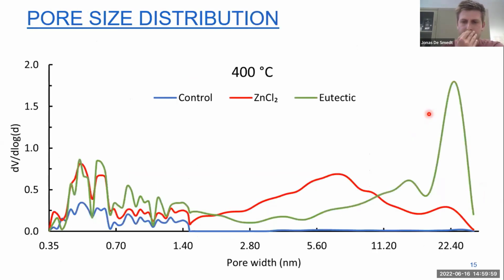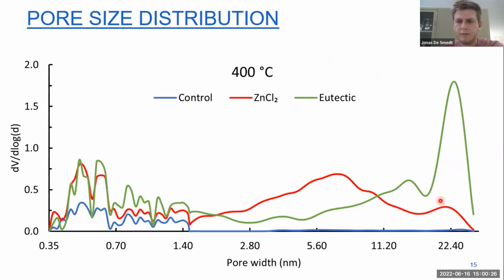And the most interesting slide, in my opinion, from this presentation is this pore size distribution, where we have our three pore distributions of our control, our zinc chloride, and our eutectic mixture. And you can see from the larger micropores that the eutectic has a much better development compared to the zinc chloride.